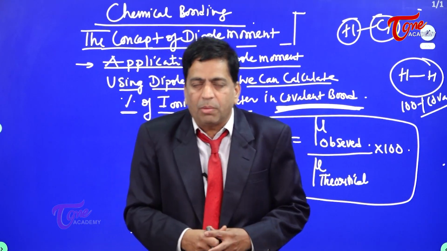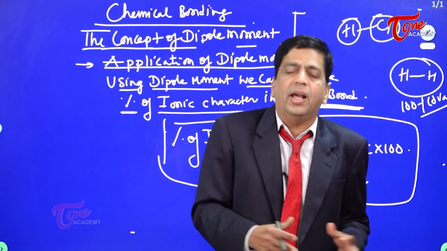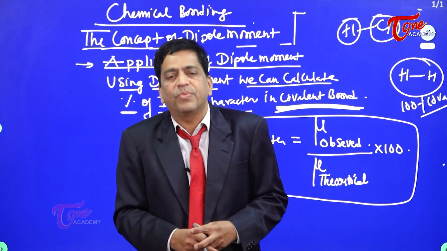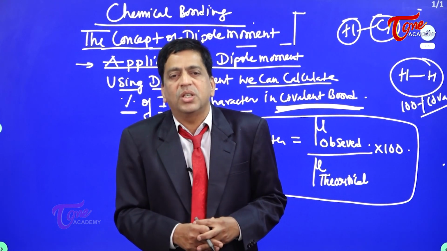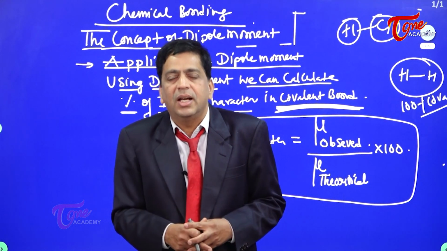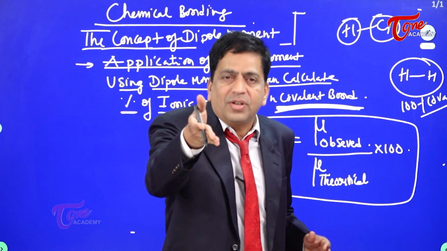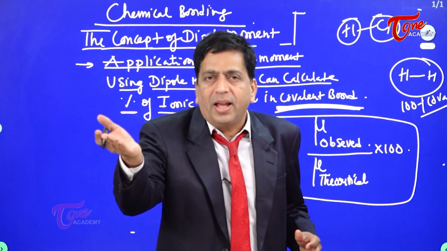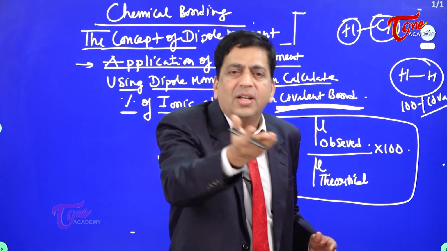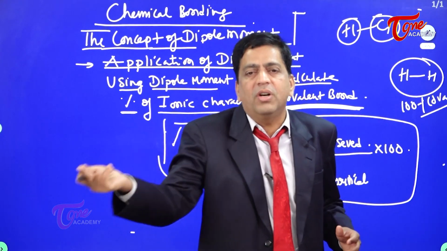Well, I'll make it simple by telling it like this. Remember, suppose you're calculating your percentage in your class. How do you calculate the percentage of mathematics? You got your papers, how do you calculate the percentage? It is the marks which you get divided by the total marks into 100.